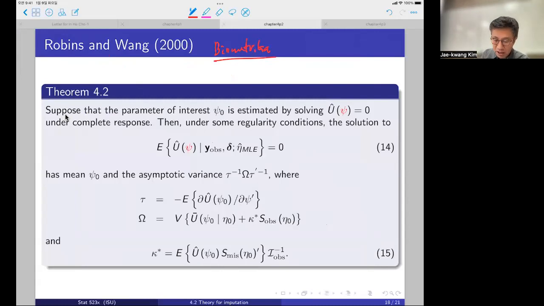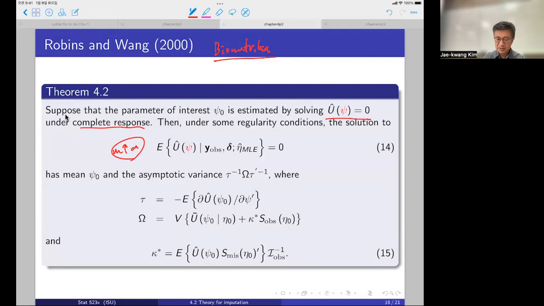Your parameter of interest is the solution to this equation on the complete response, and now that you have missing data, you take the conditional expectation. As m goes to infinity, this is just the conditional expectation. And then what is the asymptotic variance?